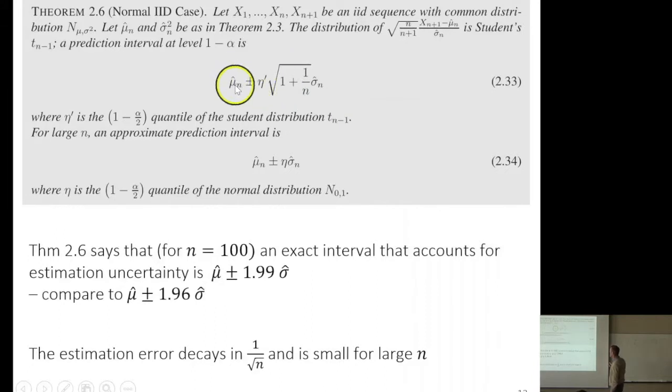We know that it is given by this formula, which is interesting to observe. So the prediction interval, which means a forecast interval, is equal to my estimation plus or minus eta, which is almost 1.96 but not exactly, obtained from the Student distribution, times the square root of 1 plus 1 over n.